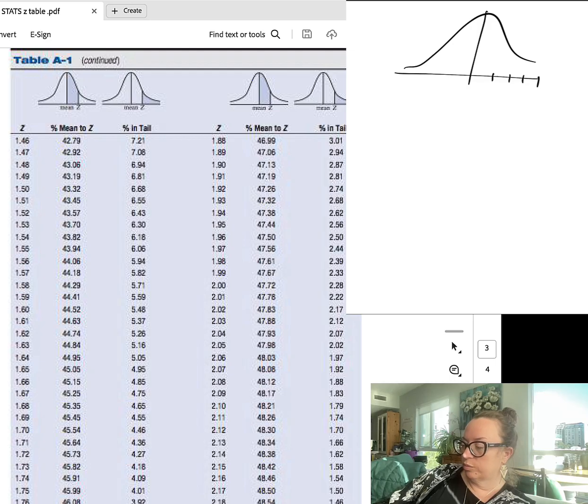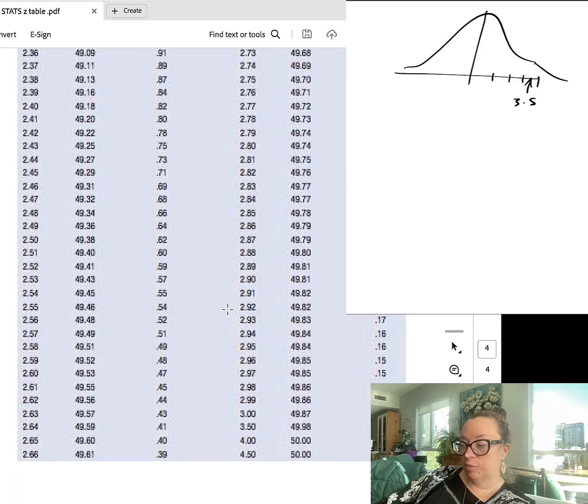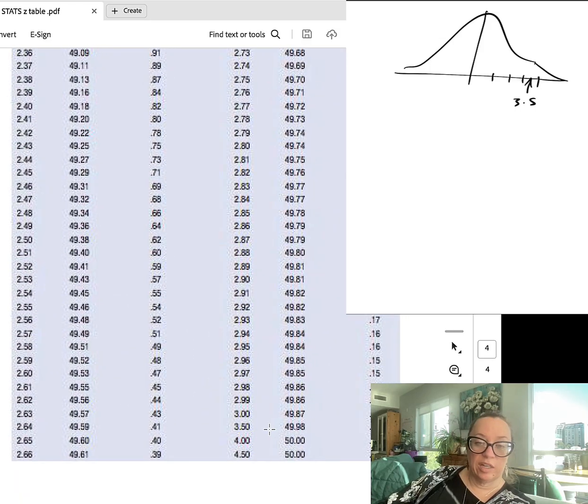So we're right in here with a z-score of 3.5. How many are above that? It's not going to be a lot, right? That's a really high standard deviation. So we don't care what's below it. We're wanting to know how many scores are above that. What percentage of scores are higher than 3.5?